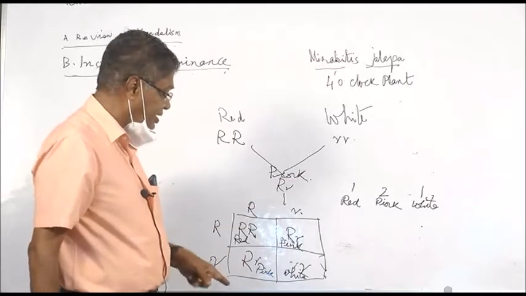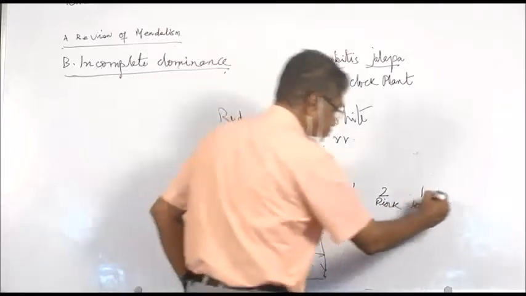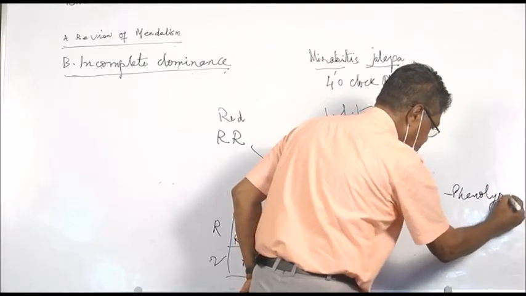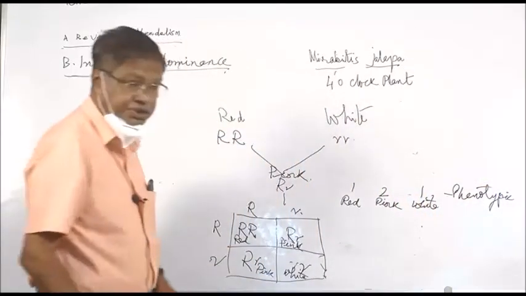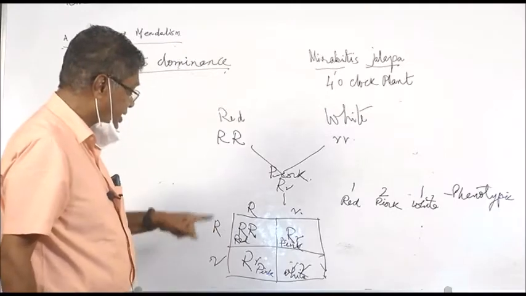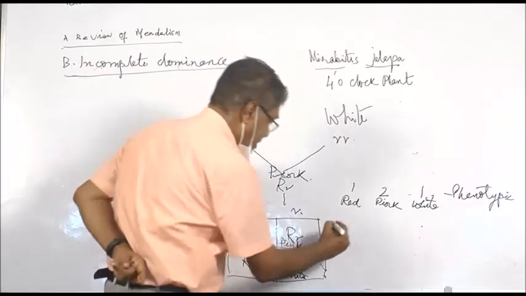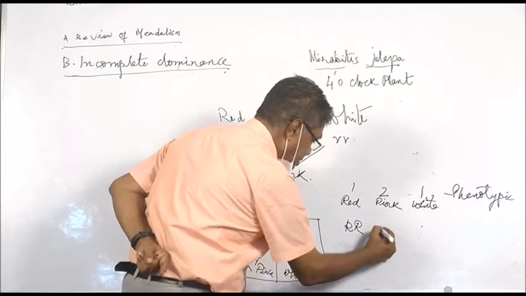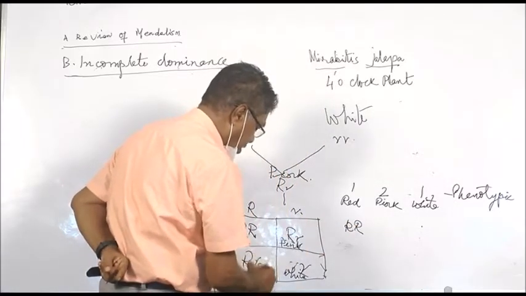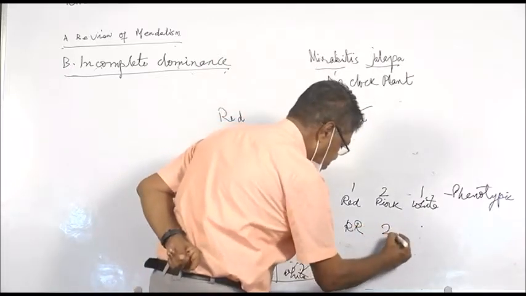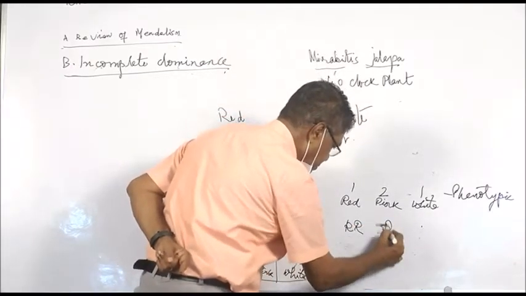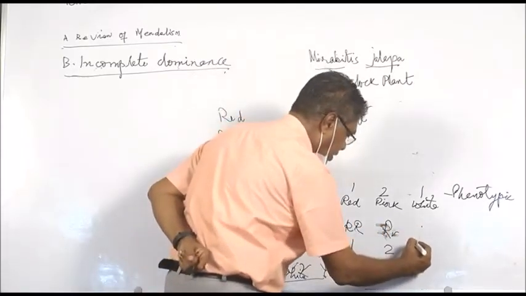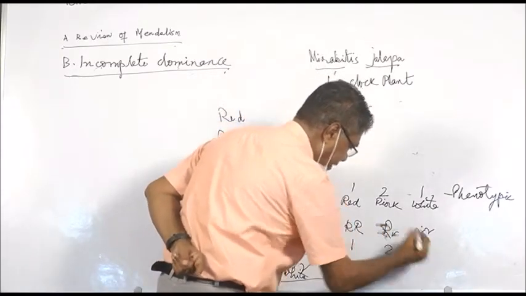Now, let us verify the genotypic ratio. The genotypic ratio is capital R capital R 1, capital R small r 2, and small r small r 1.